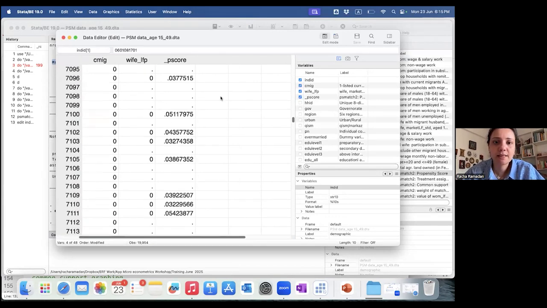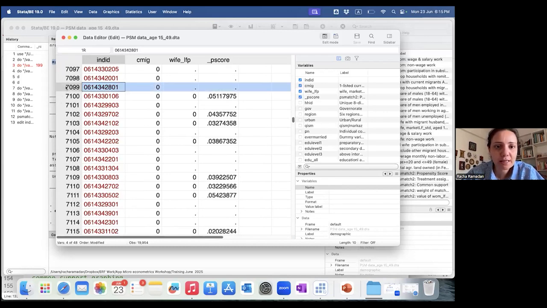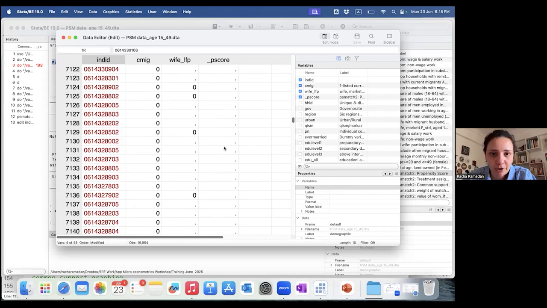So you can see here the different values of the P-score. For instance, this individual had a very low probability of having a current migrant, given the characteristics: the age, the number of individuals, the children or number of elderly, the education, the community, the sheikha where they lived. They have a very low probability of having a current migrant.